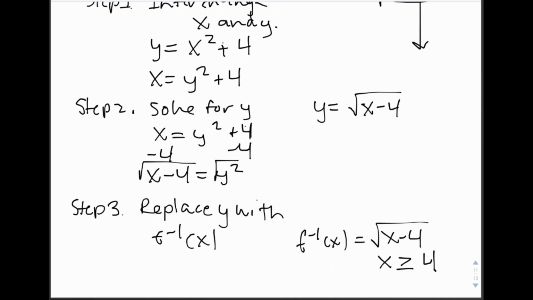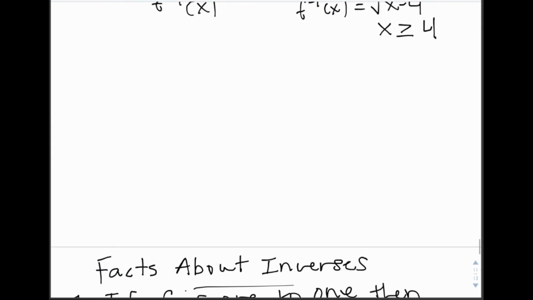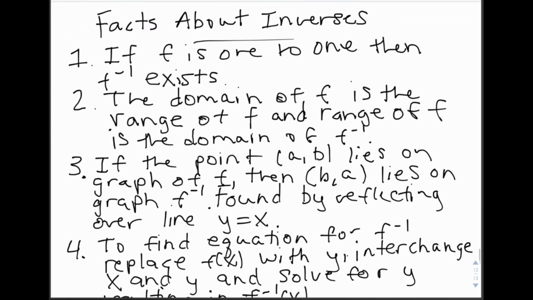Our last topic that we will look at is facts about inverses. Number 1, if f is a one-to-one function, then f inverse exists. Number 2, the domain of f is the range of f inverse, and the range of f is the domain of f inverse.